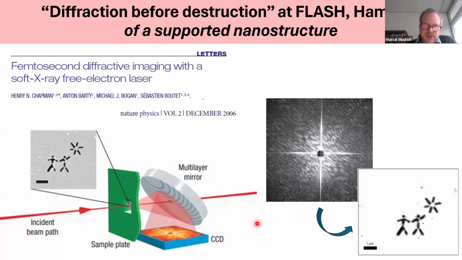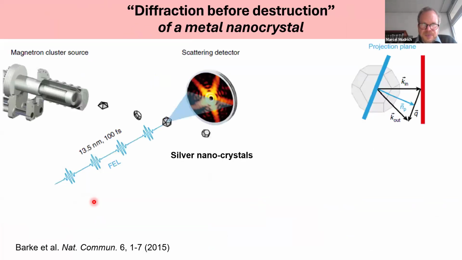And this makes it much more complicated to do experiments on these supported targets, because then you have to mechanically move in and out the next target.